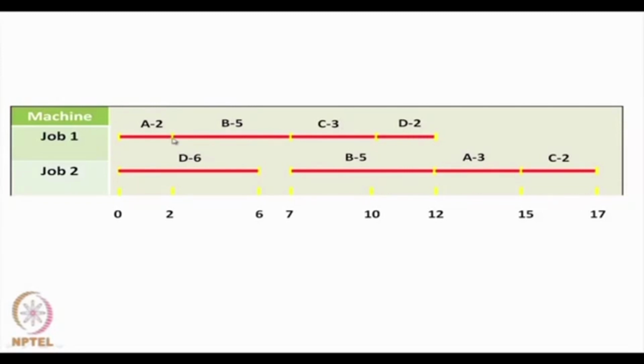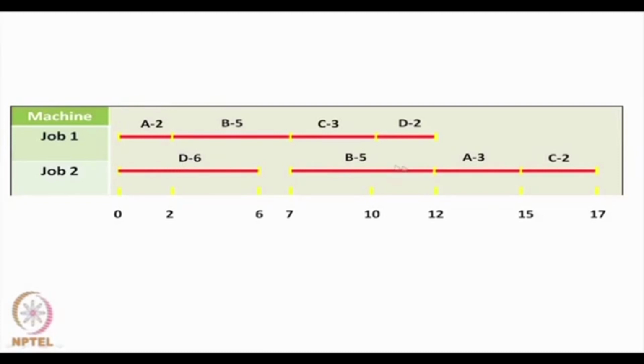So, the work is complete at the end of the 12th hour. 2, this is 7, 7 plus 3 is 10, 10 plus 2 is 12. So, the work is complete on job 1 at the 12th hour, and job 2 will have an operation sequence D, B, A and C.